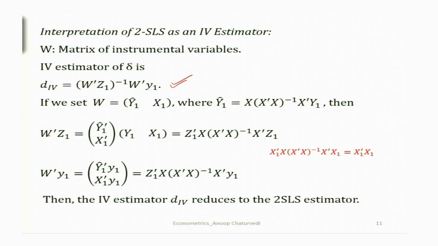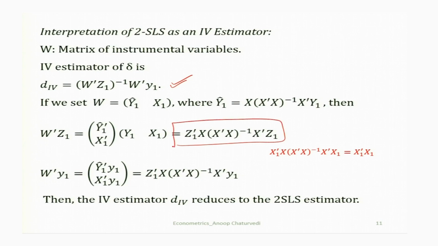Then W transpose Z1: we get W transpose equal to Y1 hat transpose, X1 transpose, and Z1 is Y1 X1. Then you simplify it, you just substitute the value of Y1 hat here, and then you get Z1 transpose X (X transpose X) inverse X transpose Z1 here.